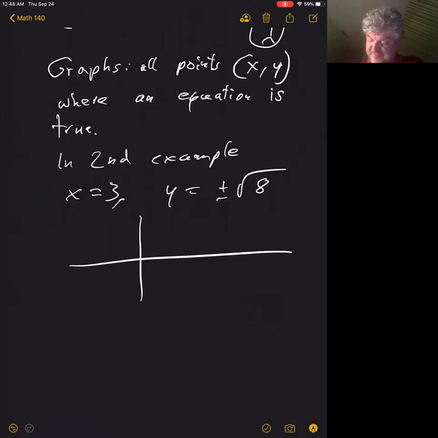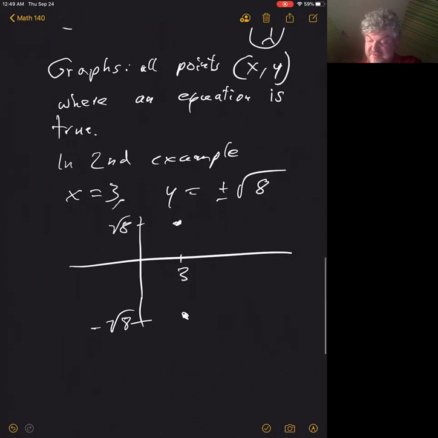You have 2 points, which would be 3 comma square root 8, which is a little less than 3, and then 3 comma the negative square root of 8. So the mirror image down here would be both part of the graph of this equation.